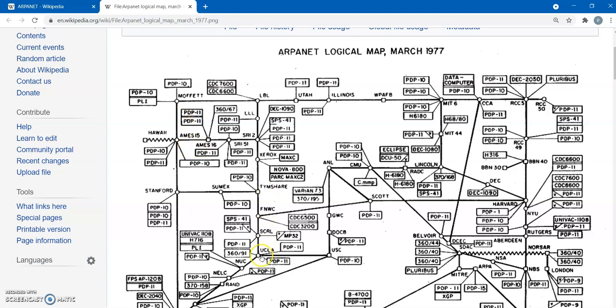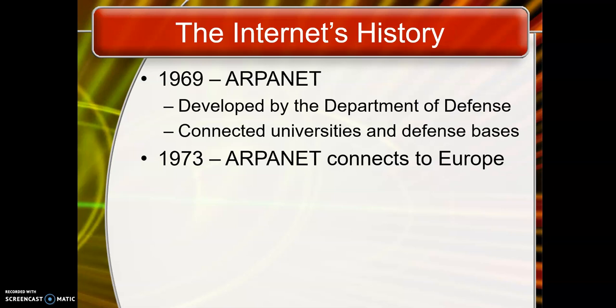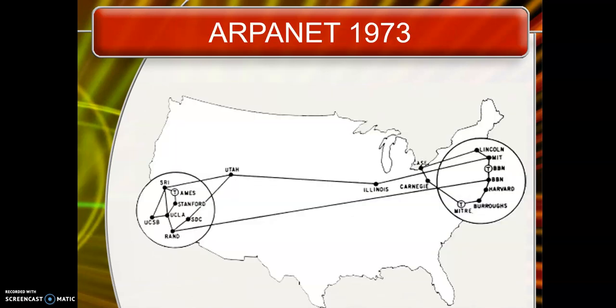We can find UCL here, USC, GWC, Scott, Lincoln, CMU, Illinois, Stanford, and so on. So this diagram shows 1973. It's very simple. We have connected computers on the right hand side, and on the left side we have another bunch of universities connected.